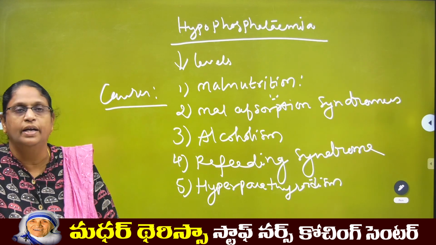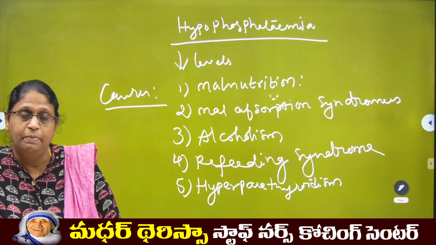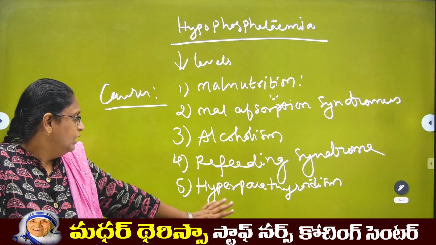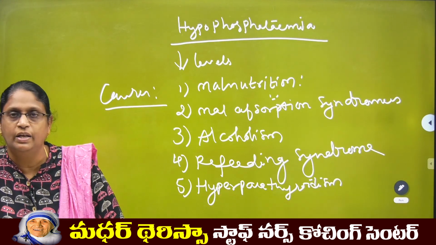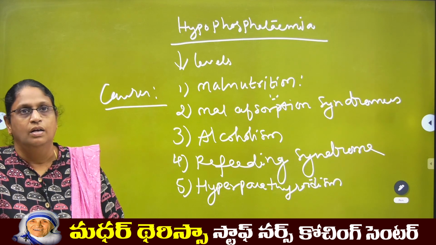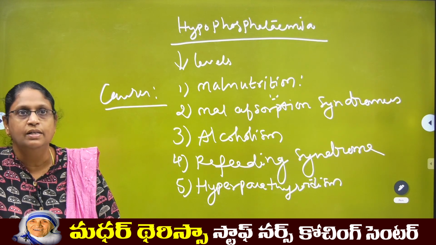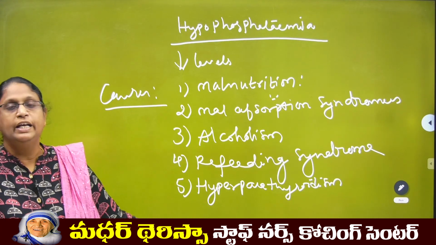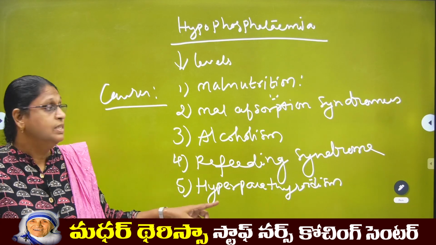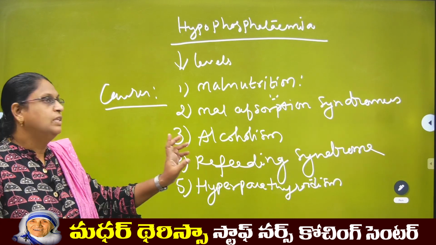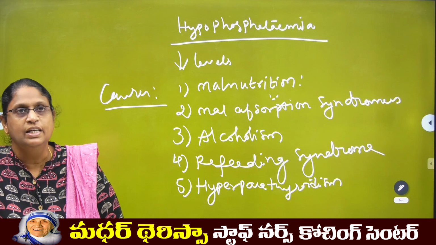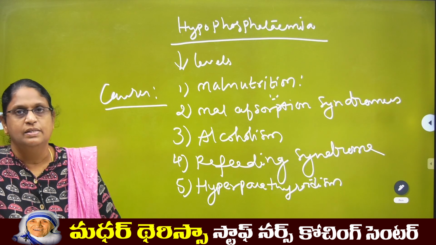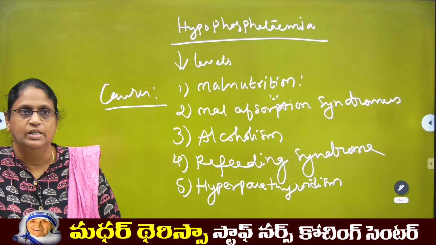So increased parathyroid hormone leads to hyperparathyroidism, and what happens is increased renal excretion of phosphorus. Because more phosphorus is going outside through the kidneys, the amount in the circulating blood gets reduced.